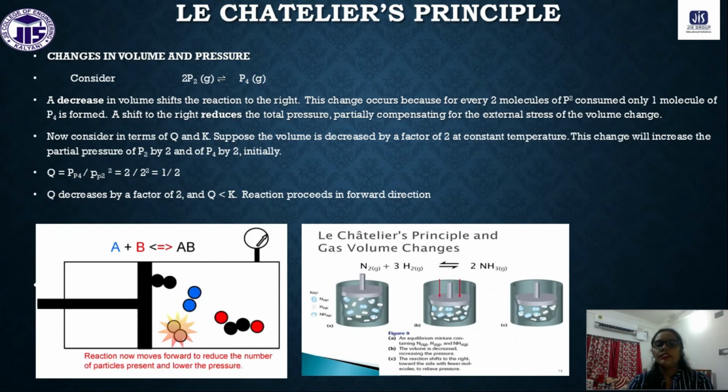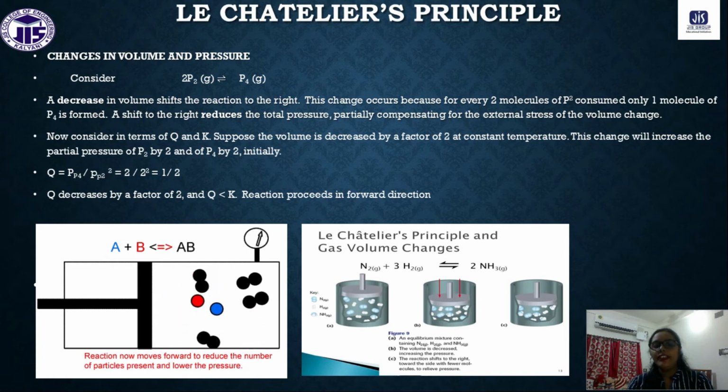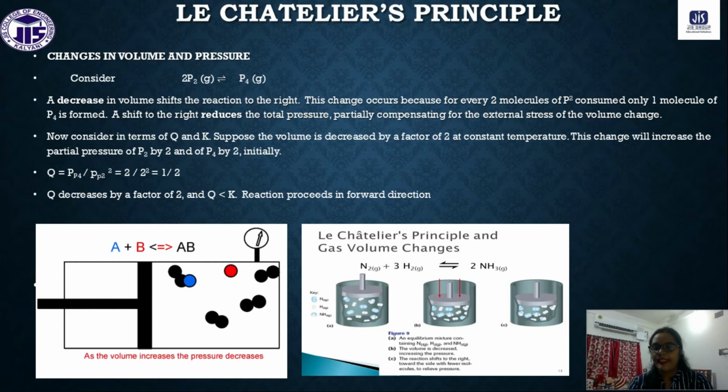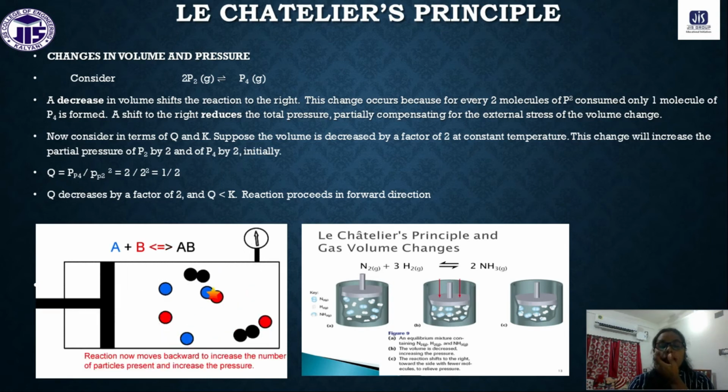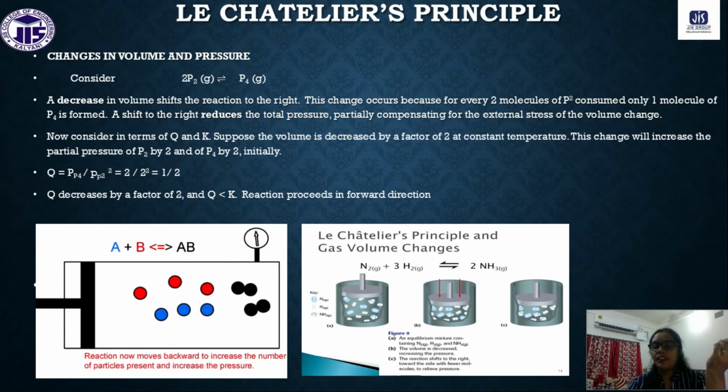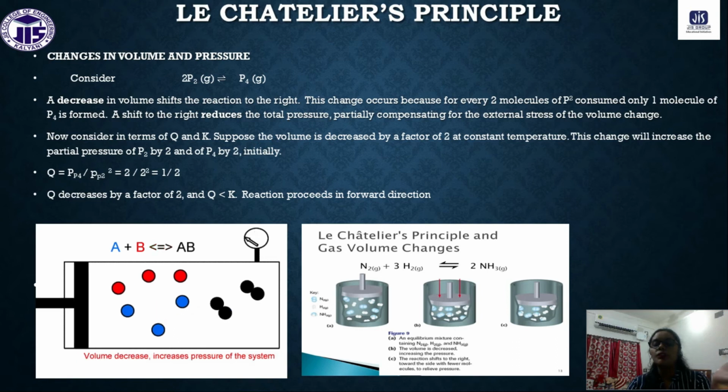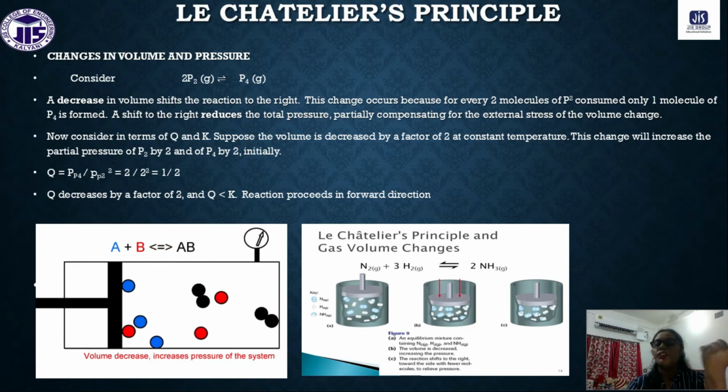Okay, so again, you can see if we increase the pressure, that means the volume will be less. That means fewer particles can be there, and that is why the reaction direction where the molecules will be fewer will be followed.